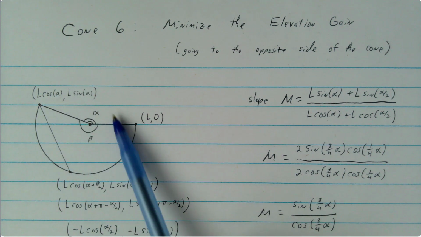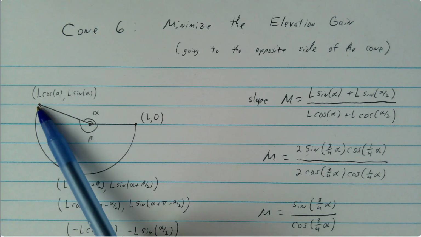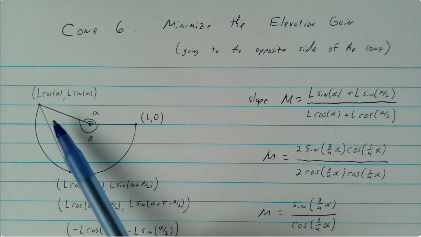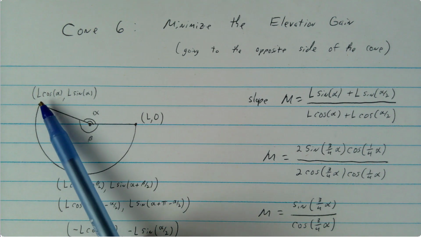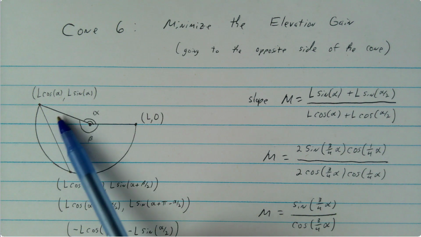Right? So if this is alpha, and this is the origin, positive x-axis, this is at L. Now L will depend on alpha, but I'll suppress that notation for now. So L cosine alpha, L sine alpha will be this point, and then this will be at alpha plus beta over 2.